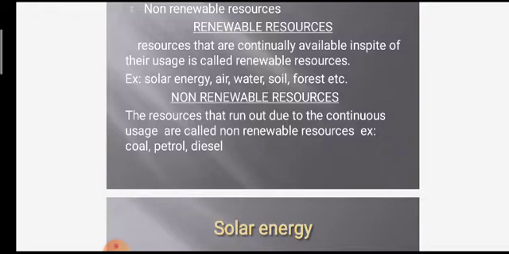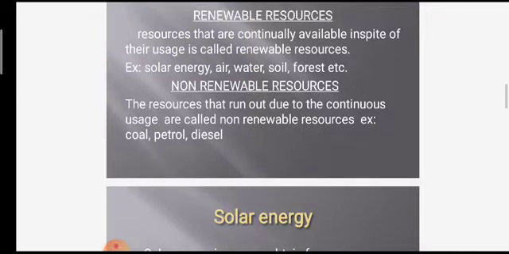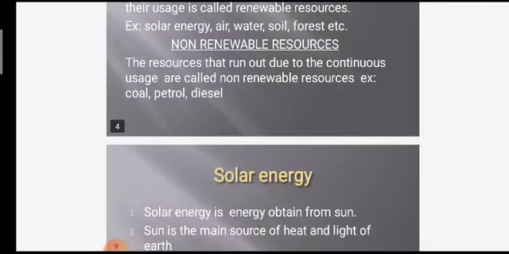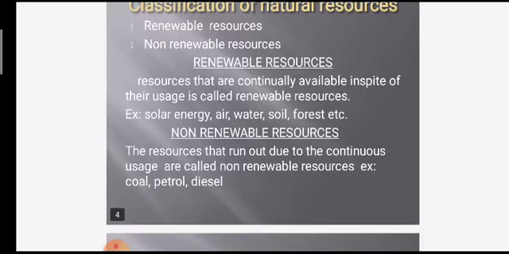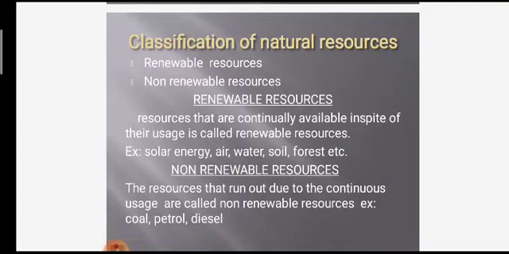Diesel, petrol and coal are non-renewable, so we have to use them very sparingly. I will explain the examples of renewable and non-renewable resources in the next session.